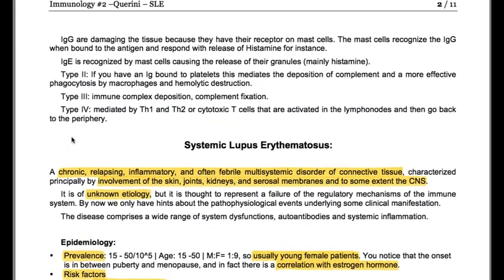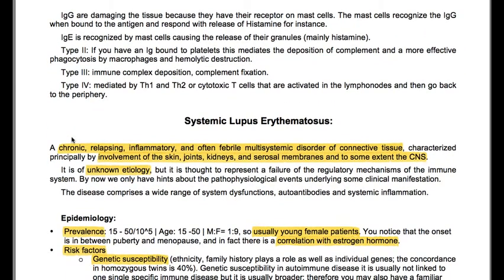Anyway, antibodies are damaging the tissue because mast cells have the receptor. The mast cells recognize the antibody bound to the antigen and respond with release of histamine, for instance. IgE is recognized by mast cells, causing the release of their granules, mainly histamine.